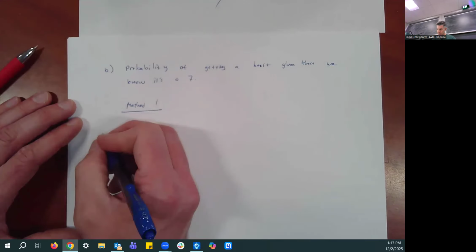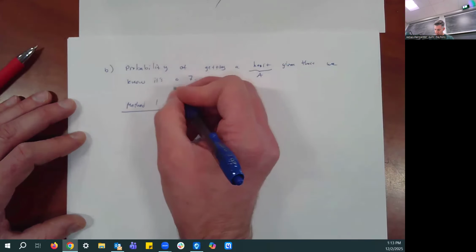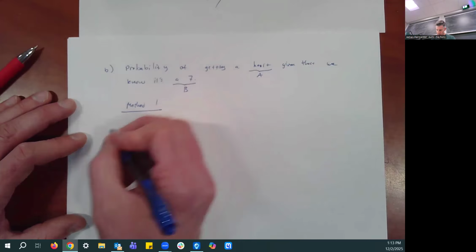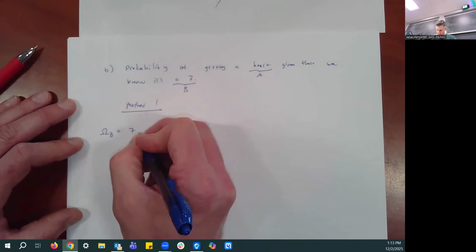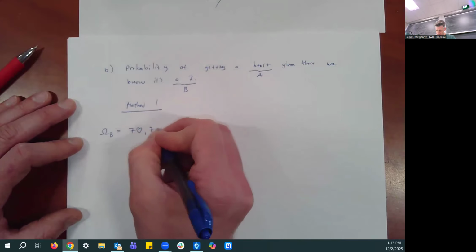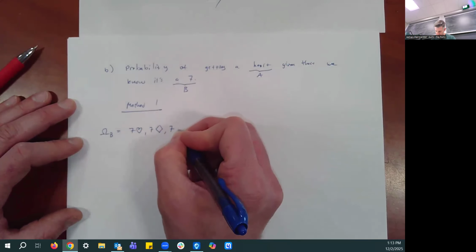So again, that's the method one way of doing it. Our sample space in this case, and let's name, so heart is event A, getting a 7 is event B. The reduced sample space is just the 7 of hearts, the 7 of diamonds, the 7 of spades, and the 7 of clubs. I'm really not good at drawing these.